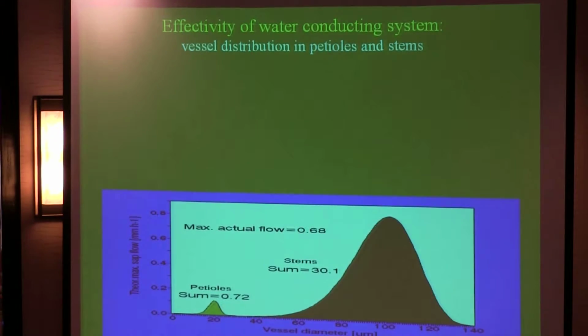There are some technical details which I will not talk about, but we tried to compare the maximum sap flow or conductivity of the vessels in stems. This is this picture. And these are vessels in petioles. If you look at it, this value is much higher than this one.